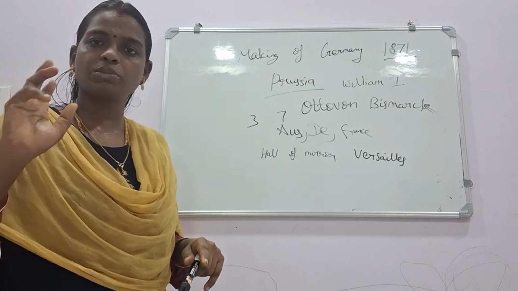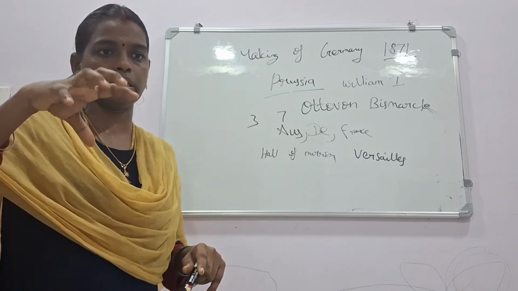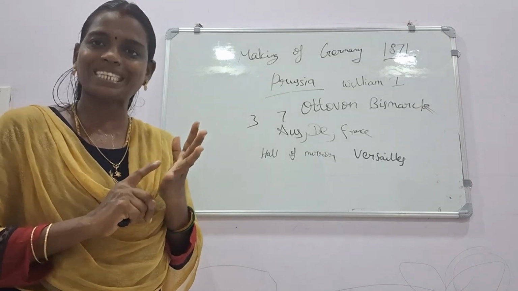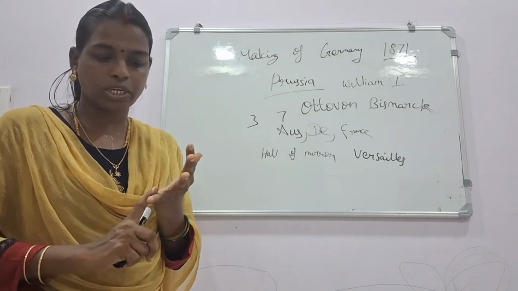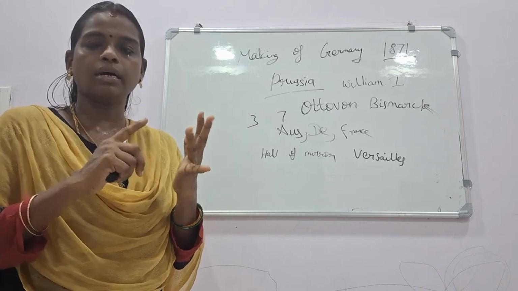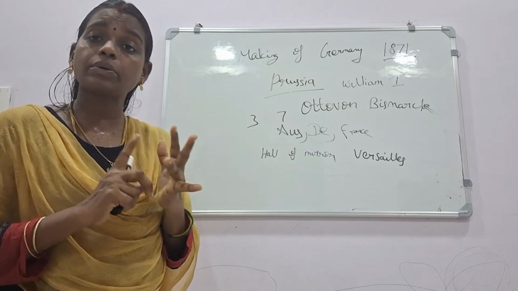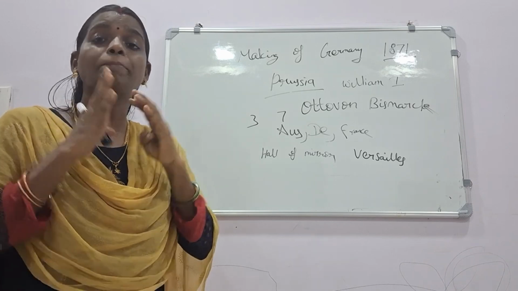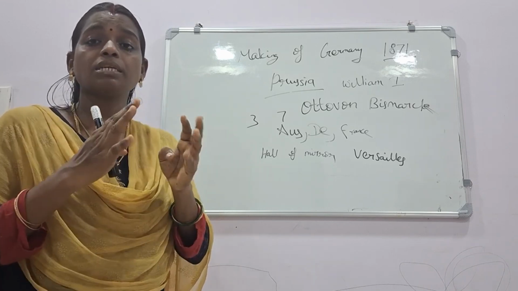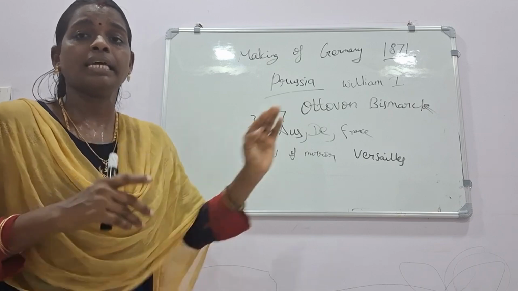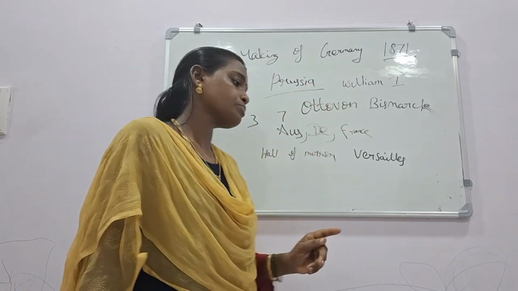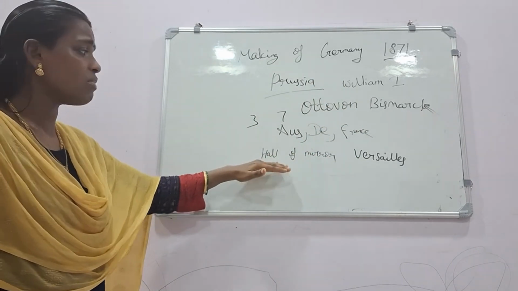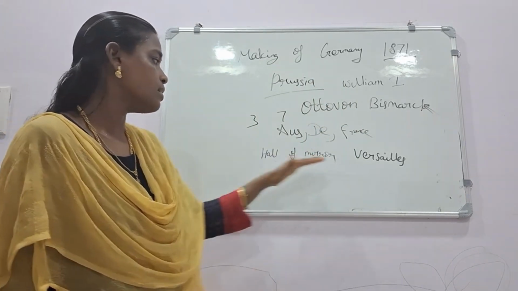Not only Otto von Bismarck and William I assembled the meeting; more people participated, like the German states, the army representatives and the Prussian ministers. This meeting was held in the year 1871 in the Hall of Mirrors at the Palace of Versailles.